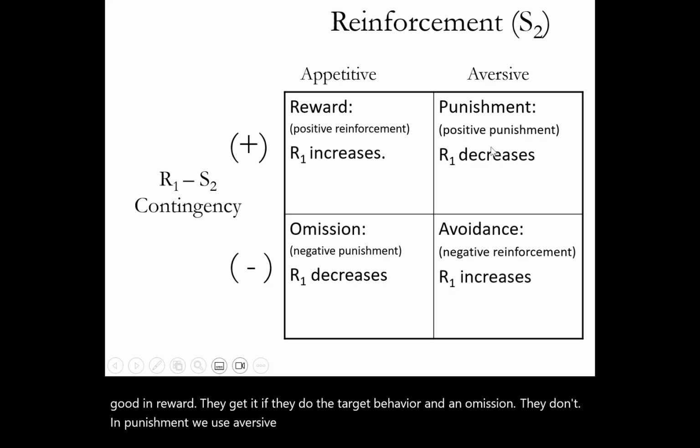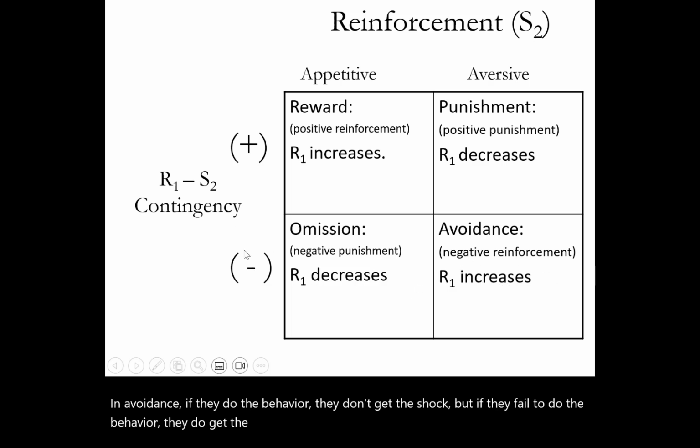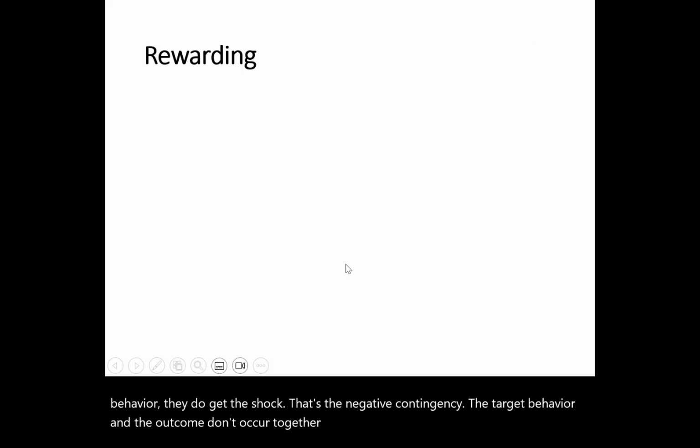In punishment, if they do the target behavior, they get the aversive stimulus, shock or yell or whatever. In avoidance, if they do the behavior, they don't get the shock. But if they fail to do the behavior, they do get the shock. That's the negative contingencies. The target behavior and the outcome don't occur together in avoidance and omission.